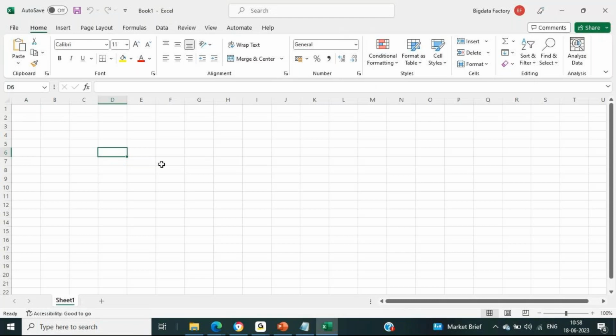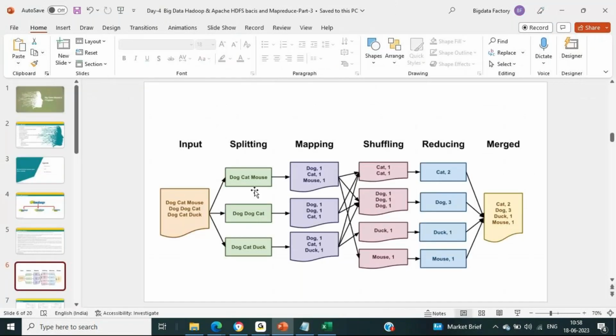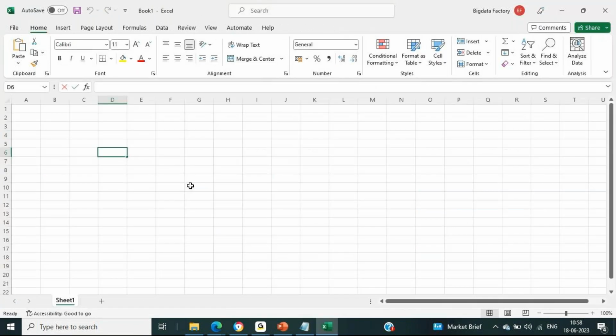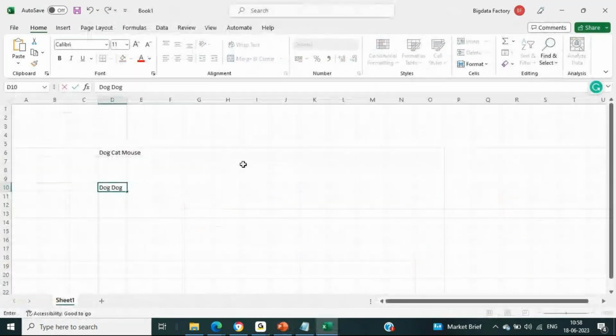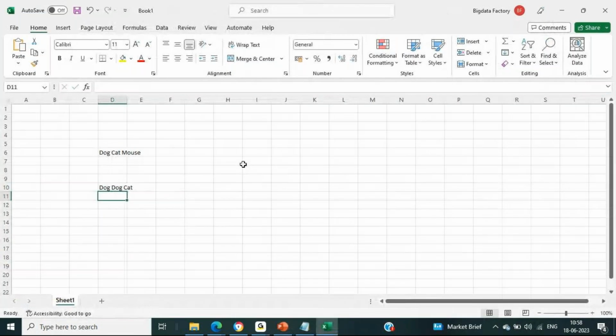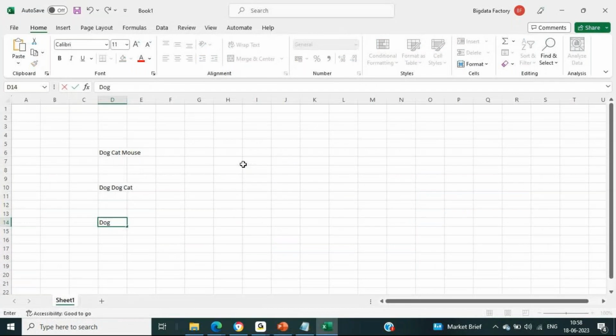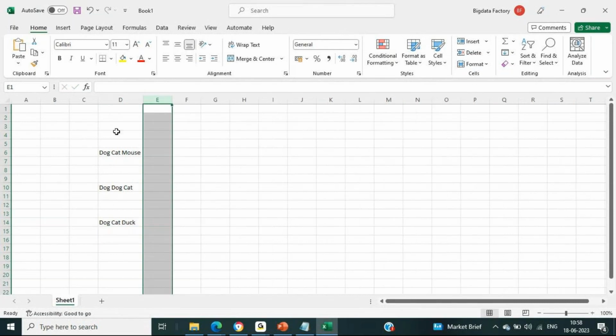So let me take this one: dog cat mouse, and then dog cat, and then cat dog. Okay, so that is a block.